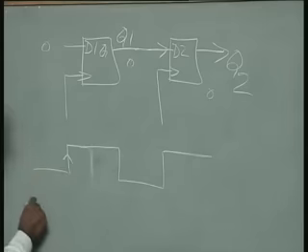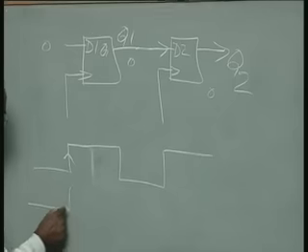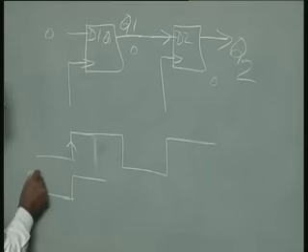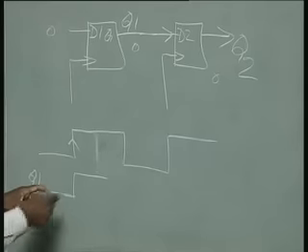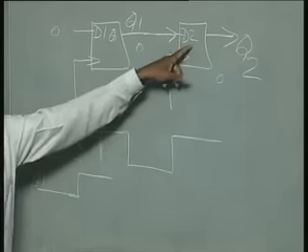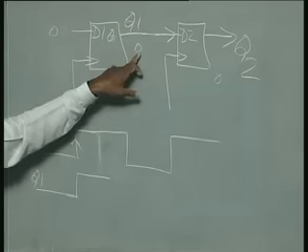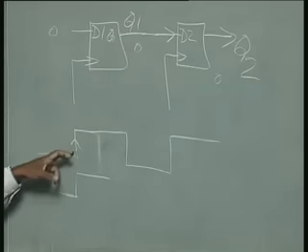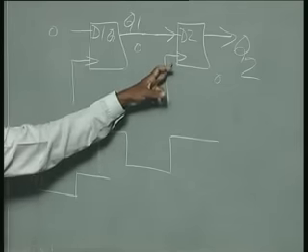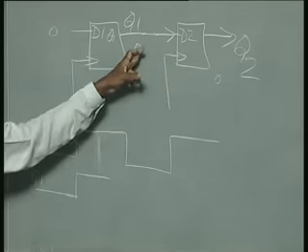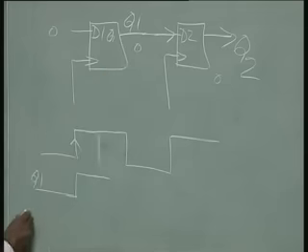At this edge, Q1 is valid, so D1 and hence Q1 forms the input for this. When this was already 0, when the clock edge was encountered here, it was also sensed here. It had seen a 0, therefore it would have put Q2 also at 0.